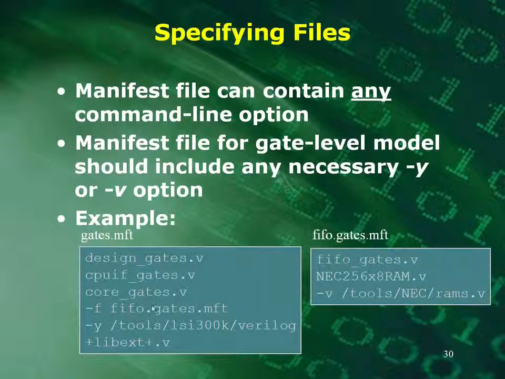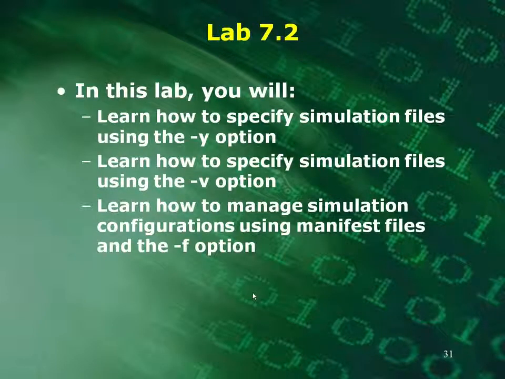Whether you use -f to parse another file, and this one uses a -v to go through a specific file looking for modules, or whether it goes through a directory looking for those particular modules. So in Lab 7.2, you're going to learn how to specify simulation files using the -y and the -v option, and learn how to manage simulation configurations using the manifest files and the -f option.